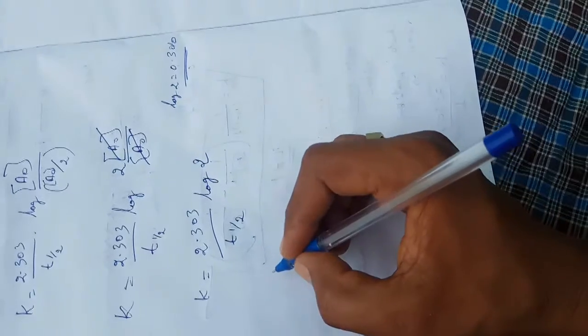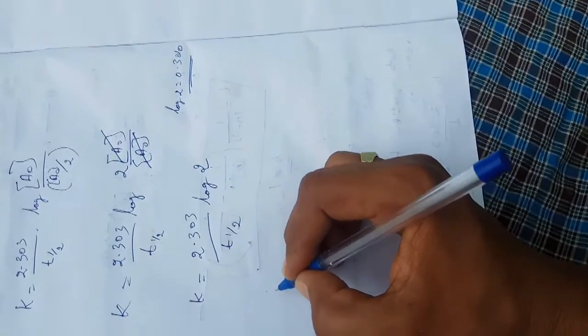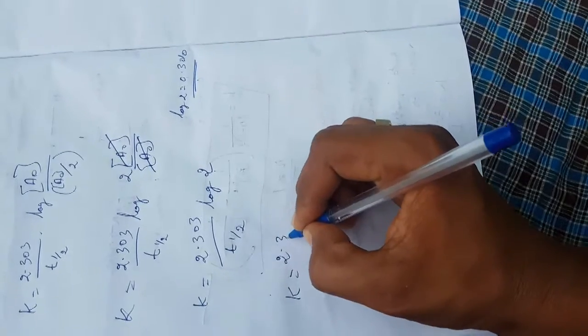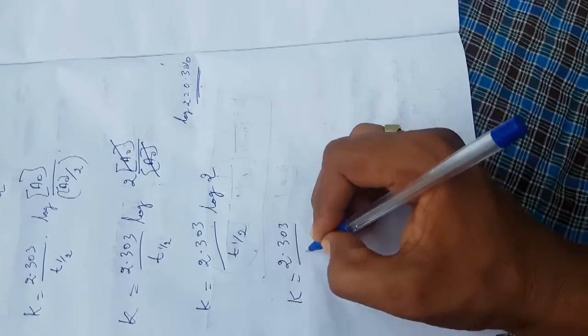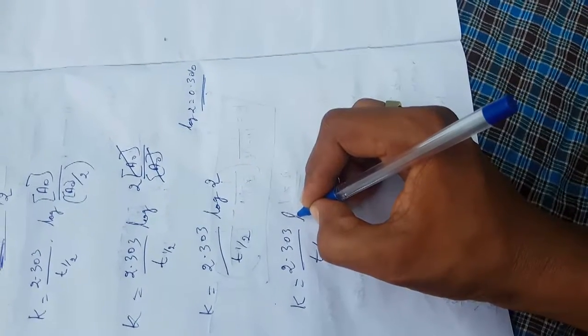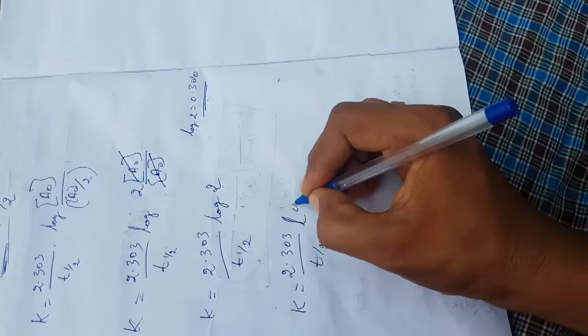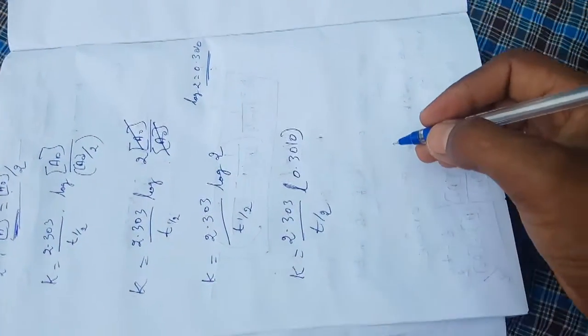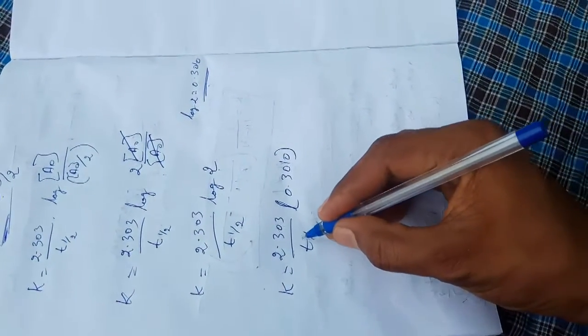Substitute in the above equation, the first order rate constant K equal to 2.303 divided by T 1/2 into 0.3010.